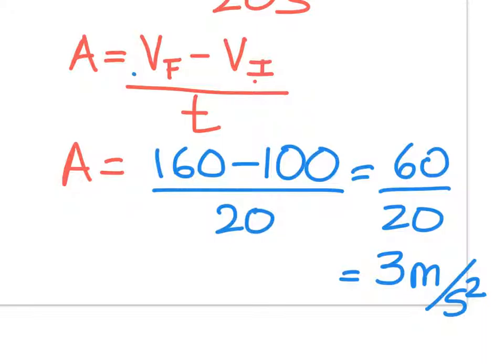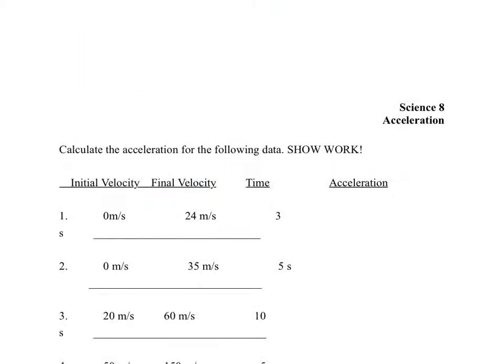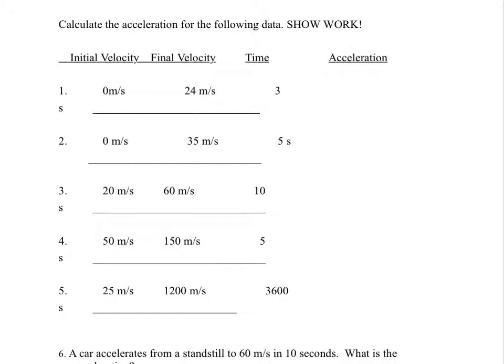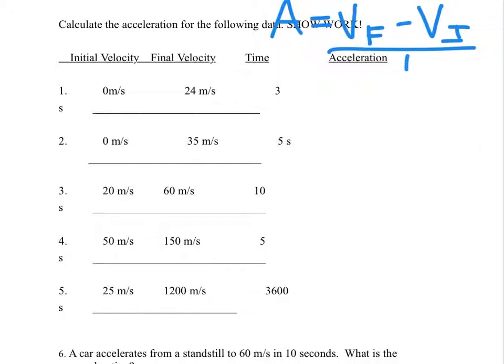Now what I'm going to ask you to do is do the next page in your notes, and you're basically just going to complete these problems. The first ones are really straightforward. The numbers are given to you. So the initial velocity is here, final velocity. So you're using the equation again, remember? Acceleration is equal to final velocity minus initial velocity divided by the time.